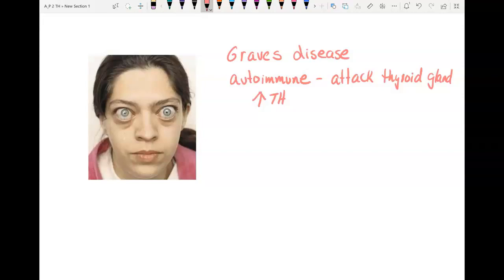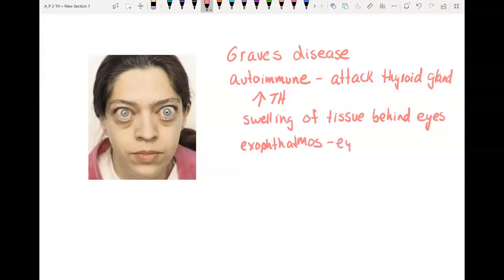One of the effects of this is it causes swelling of the tissue behind the eyes. And this causes the eyes to bulge out in a condition called exophthalmos. So the bulging eyes is a key sign of Graves' disease.